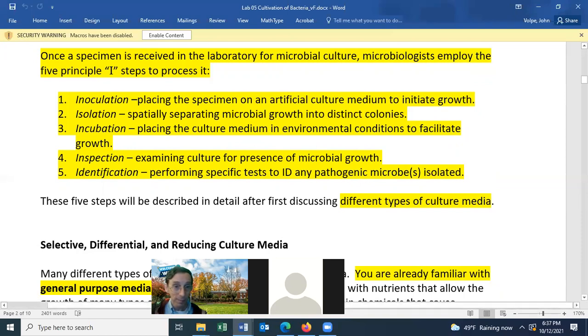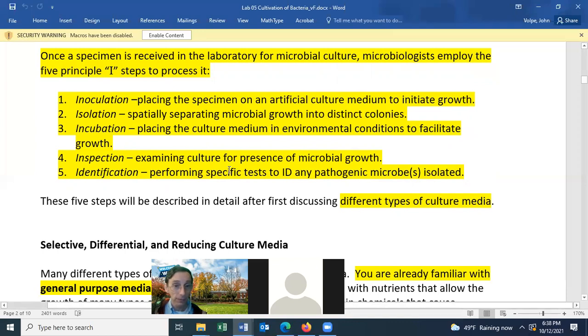Isolation would be spatially separating out the microbial growth into distinct colonies. And if you have more than one species there, get them isolated. Incubation, placing the culture media in the environment under conditions to facilitate their growth. And generally, we warm bacteria up to grow them. There are some exceptions, obviously.